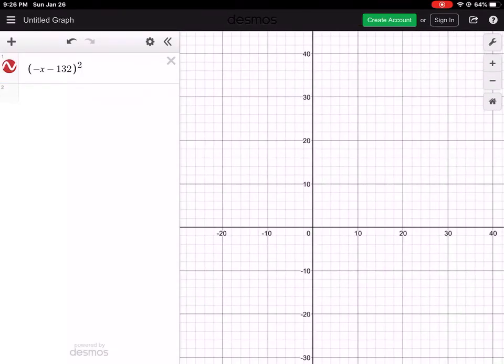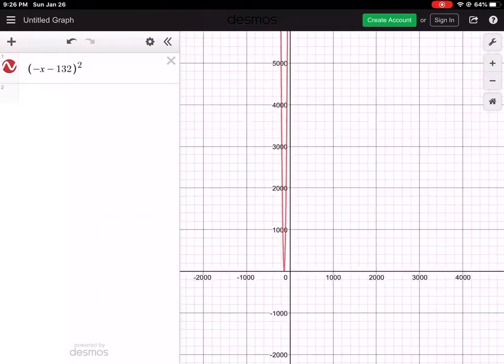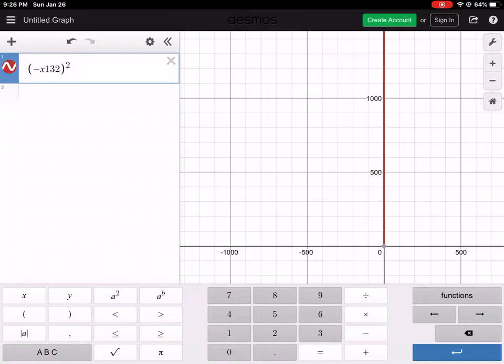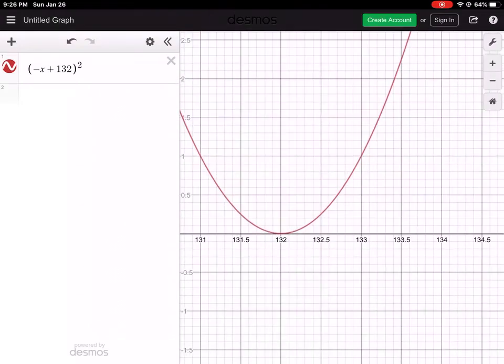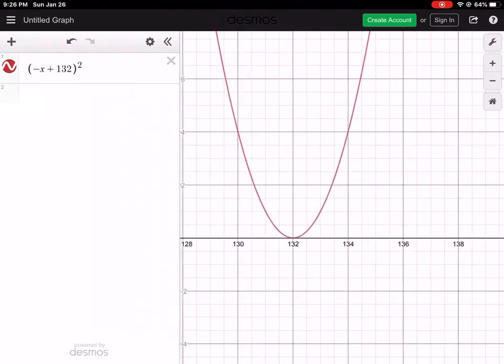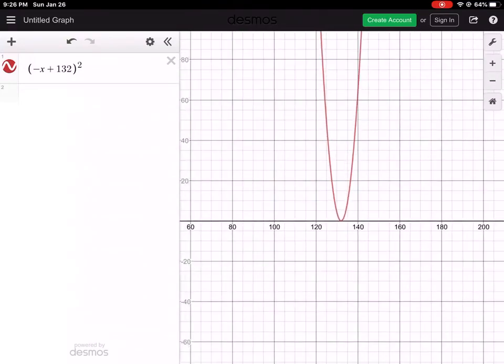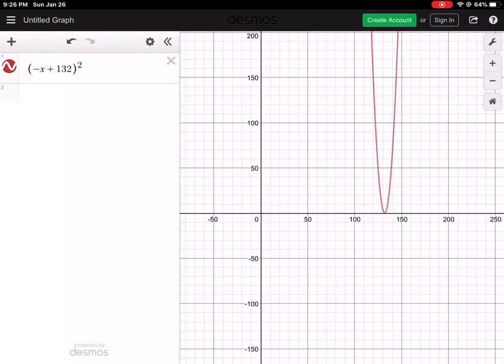Okay, let's show you the graph. Oh, it's plus 132. And then what is the answer? What is the answer? What's the answer?